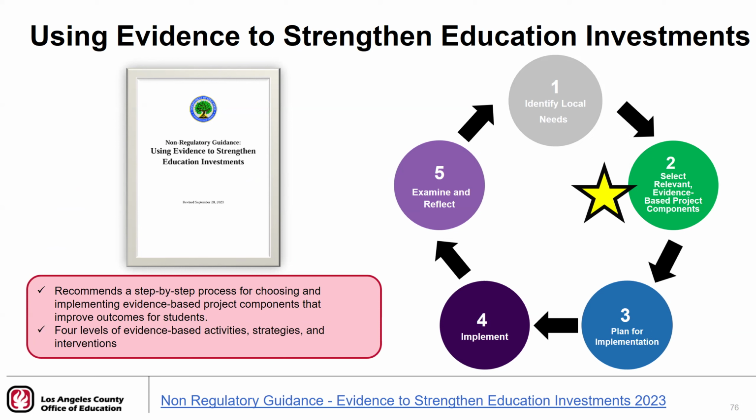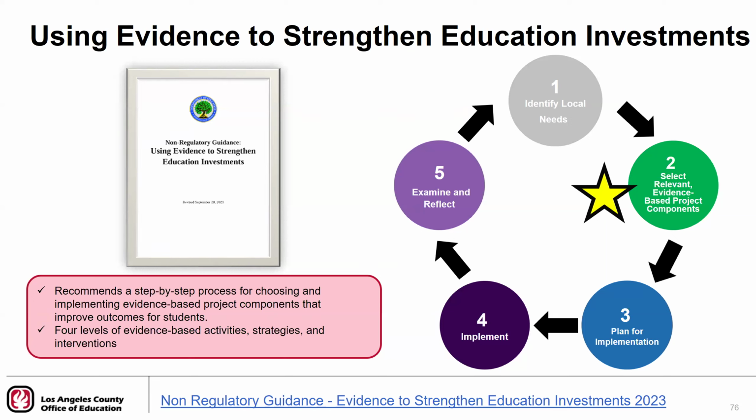Now, the document titled Evidence to Strengthen Education Investments is a helpful 17-page non-regulatory guidance provided by the Department of Education that is included on this slide. You'll see the link at the bottom. It was most recently revised in September of 2023, and it offers you that step-by-step process.